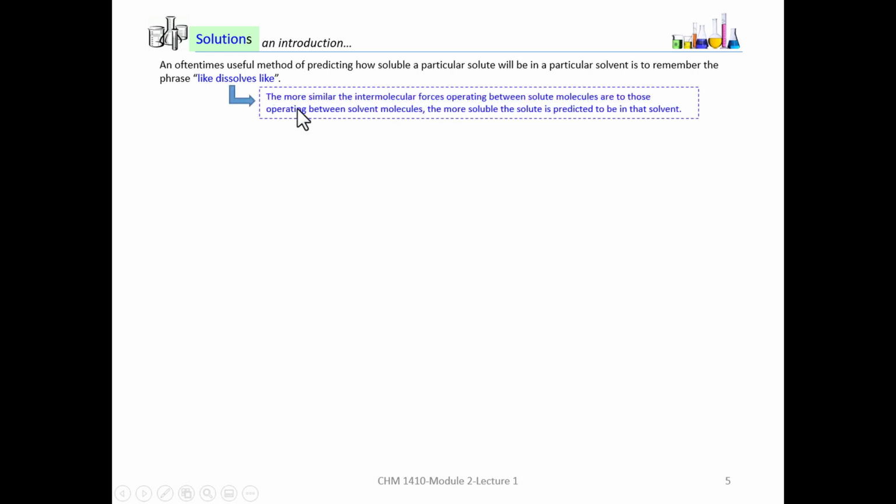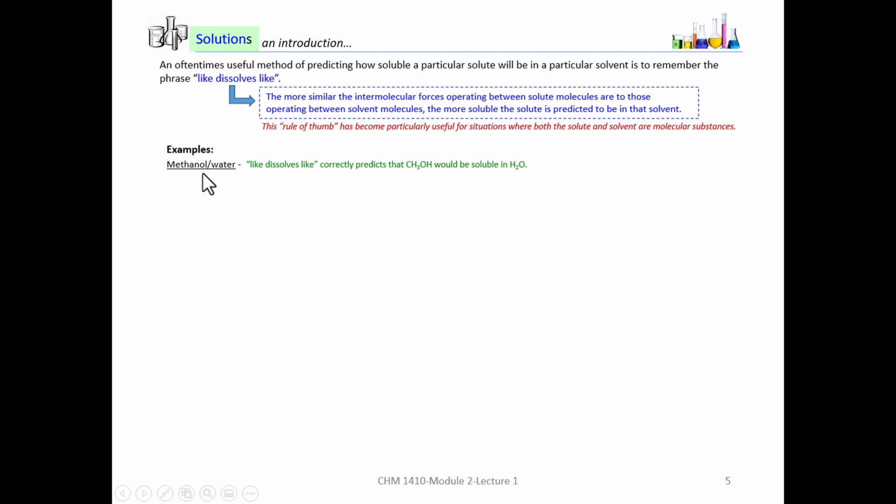Like dissolves like basically means that the more similar the intermolecular forces operating between the solute molecules are to those operating between the solvent molecules, the more soluble the solute is predicted to be in that solvent. Now this rule of thumb has become particularly useful for situations where both the solute and the solvent are molecular substances. Let's do some examples here and we'll show you what we mean.